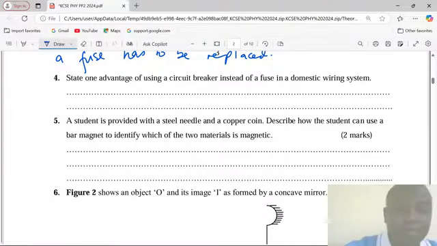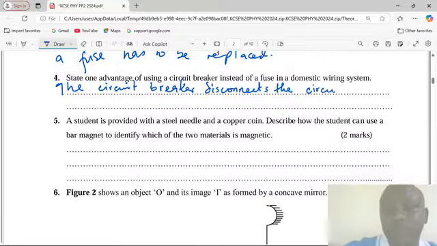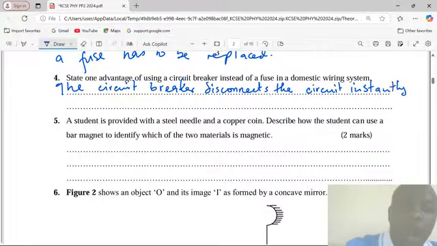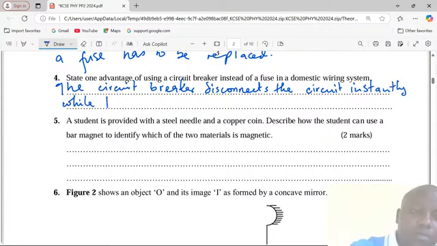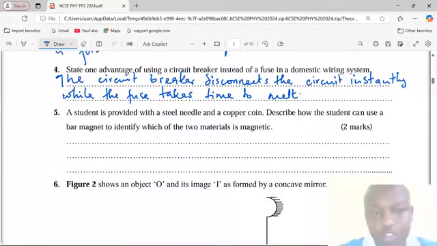The circuit breaker disconnects the circuit instantly, while a fuse takes time to melt.